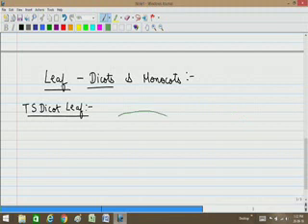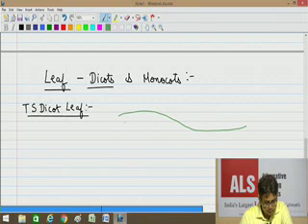So, draw it like this. This is the upper surface of the leaf.